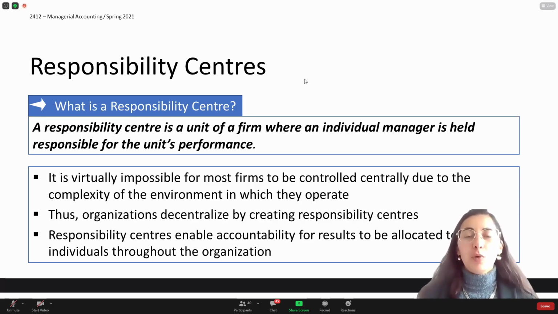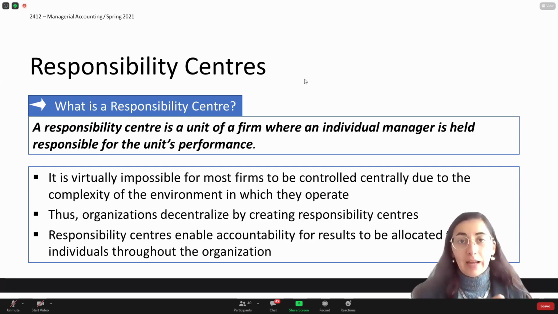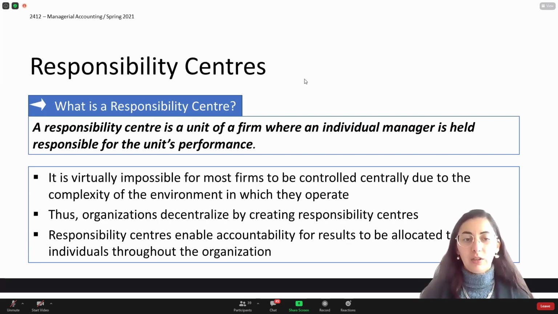When they do this, when the company starts growing and creating these responsibility centers, we say that it is decentralizing. So this is the process of decentralizing.